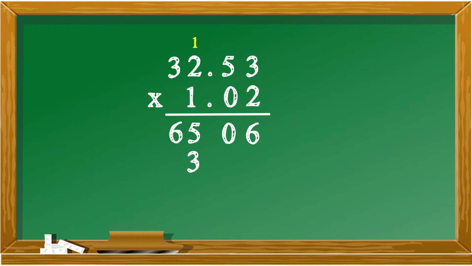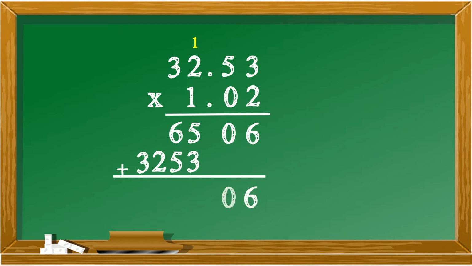So 1 times 5 is 5. 1 times 2 is 2. 1 times 3 is 3. And then add. Since there is nothing to be added to 6 and 0, let us just bring those two digits down. 6, 0.